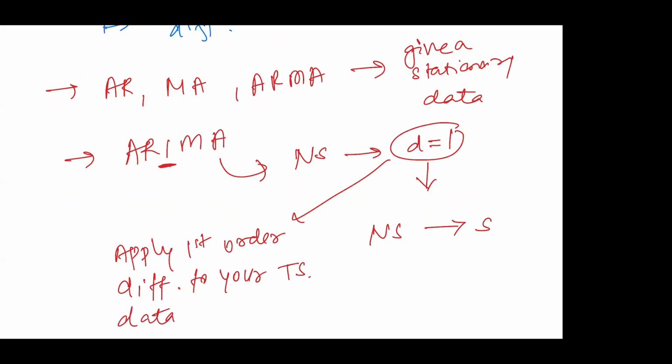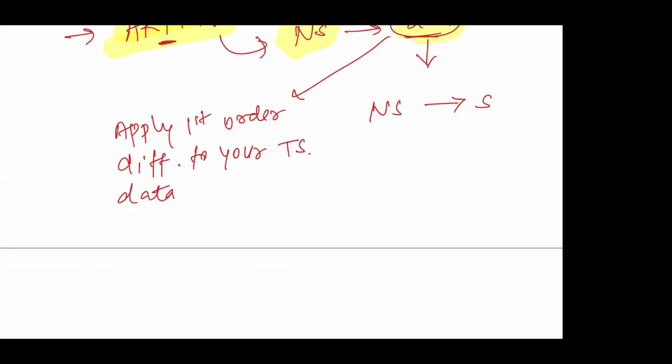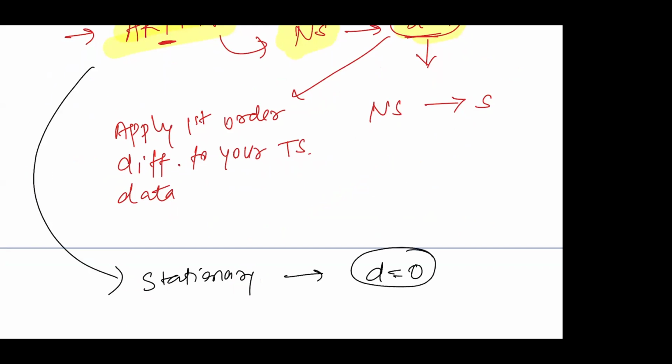So always remember, for the AR, MA, and ARMA model, you have to always give a stationary data. For ARIMA, you can give a non-stationary data, but always remember you have to put d equal to 1. But let's say if you have already converted your data into stationary, then just put d equal to 0, which basically means that you are not doing any differencing on the data.